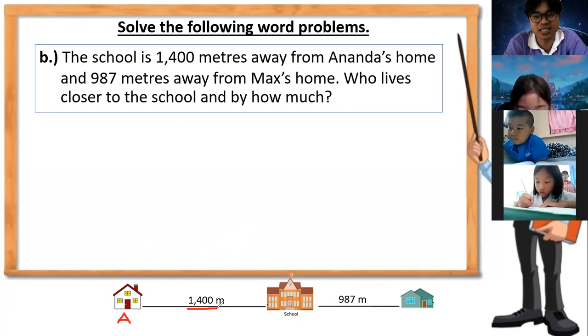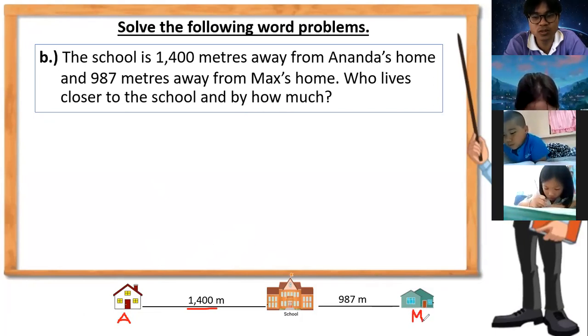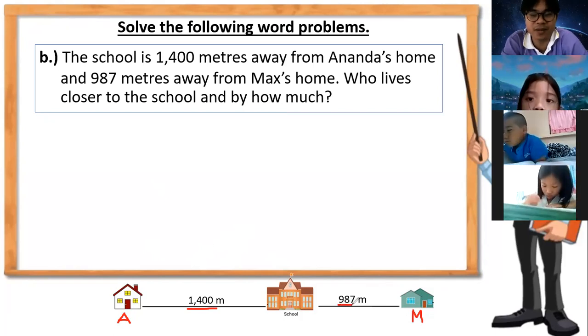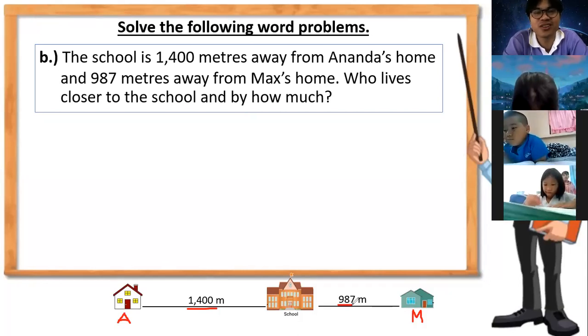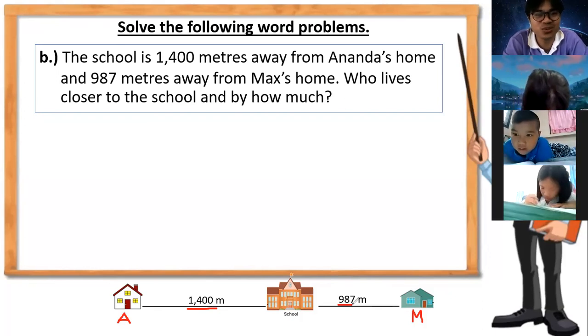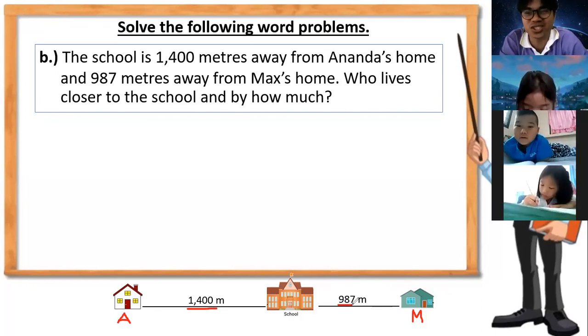And then Max's home also. This is Max. I will write M. Max's home is 987 meters away from the school. And then go to the question: who lives closer to the school and by how much?